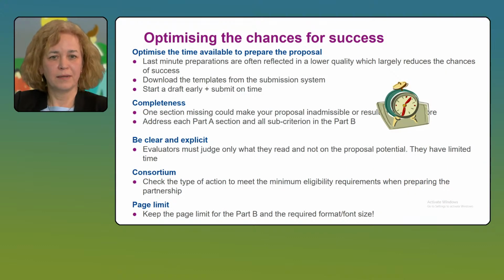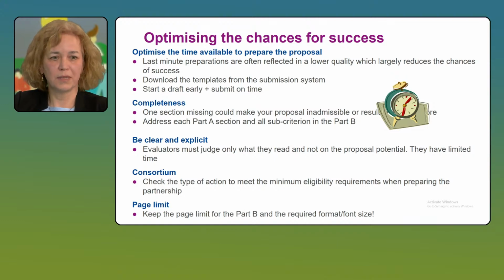Now there is a list of other tips we usually mention. I would say the completeness I have mentioned already. Again, if you start in time, usually you get a better quality. You make sure that all sections are filled in, which are really necessary for a good evaluation result.